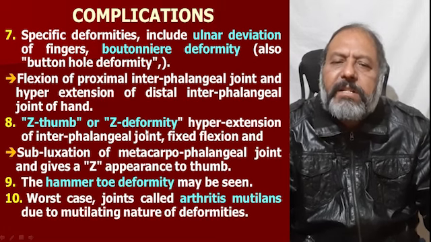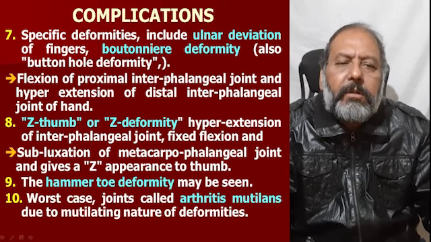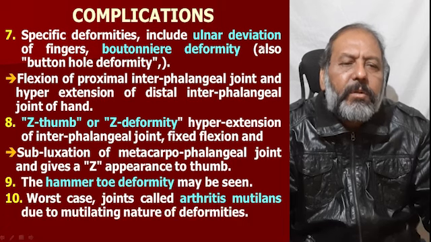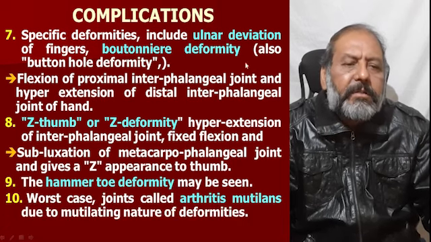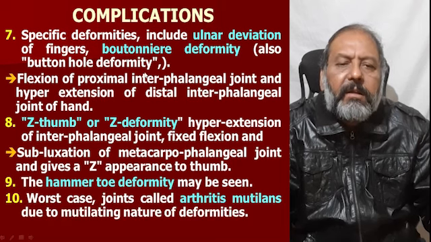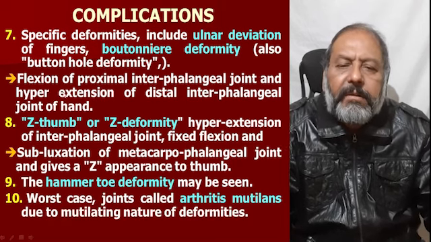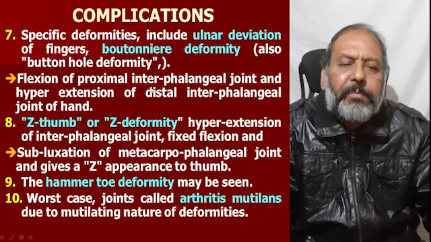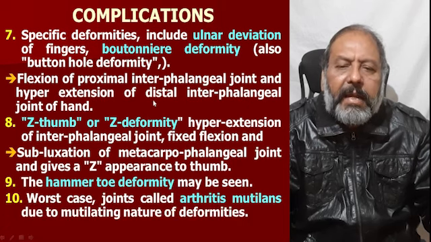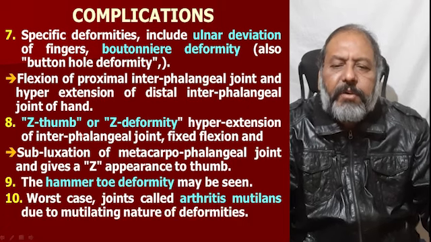The seventh complication is specific deformities that include ulnar deviation of the fingers and buttonhole deformity. There is flexion of the proximal interphalangeal joint and hyperextension of the distal interphalangeal joint of the hand, causing all these deformities.